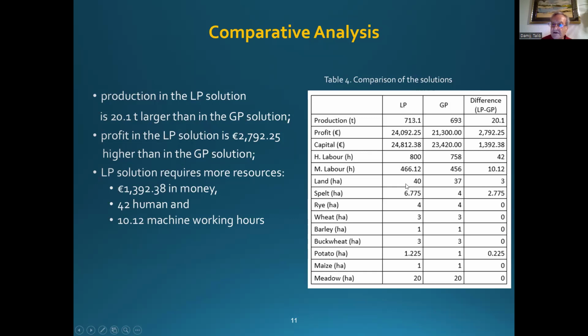Again, in the land used to implement both solutions, in linear programming, you need the whole land, but in goal programming, we need 3 hectares less than in linear programming. And at the end, we have listed the optimal yearly farming plans obtained from both methods.